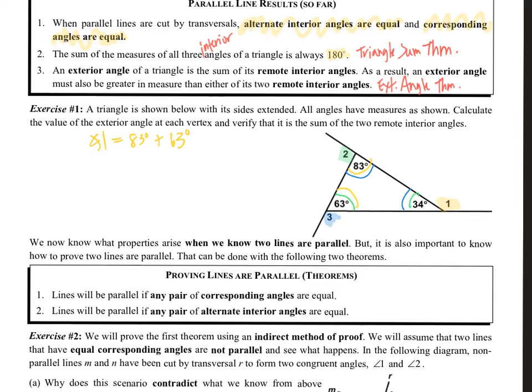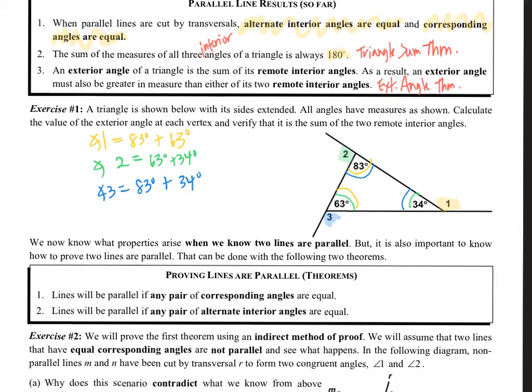Angle 2, based on my diagramming, is going to equal the sum of 63 degrees and 34 degrees. And then finally, angle 3, based on my exterior angle theorem, is going to be 83 degrees plus 34 degrees as labeled previously when I was first looking at the problem, right?